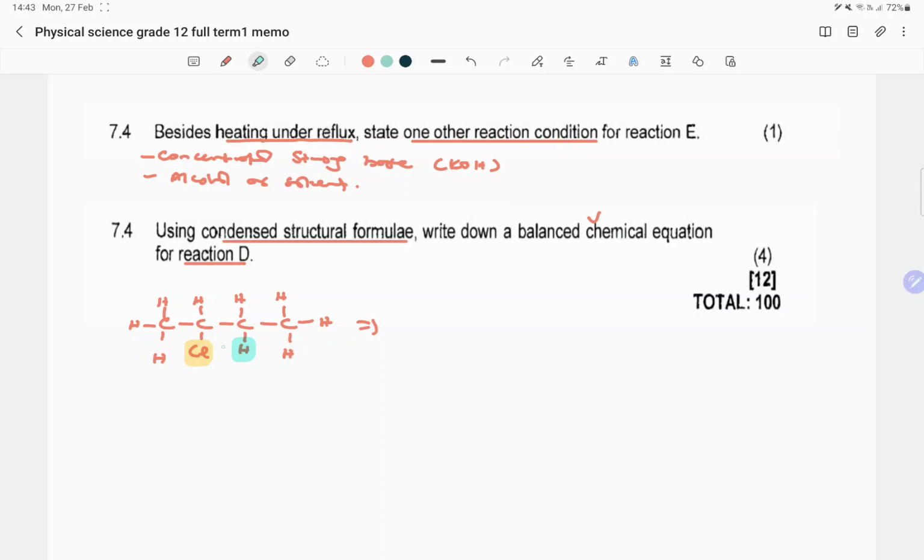So Zaitsev's rule will say we will form a major product by a double bond there. So this means our structure is now 1, 2. Then here we're going to form a double bond, okay, between these two, and then we will have the last one.